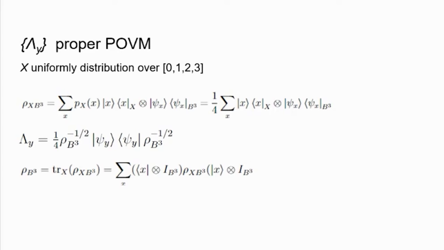Also, since we were not able to calculate rho b to the third, we cannot calculate lambda y. Also, we don't know psi y. These formulas are really general, and nobody really knew how to calculate it or how to apply some properties of the slides to it. So we were also not able to prove it or to calculate its eigenvalues.